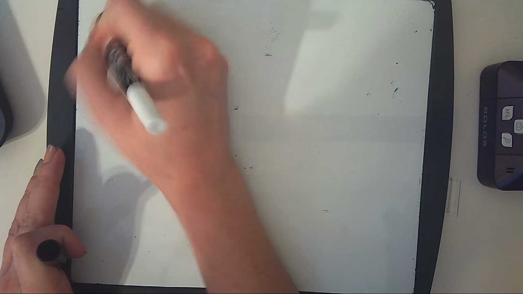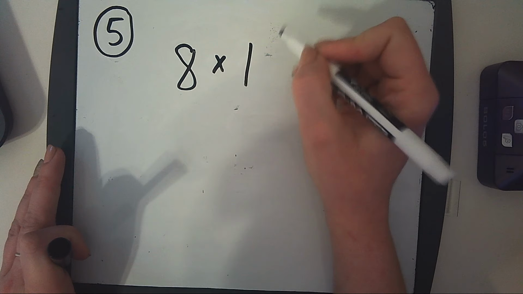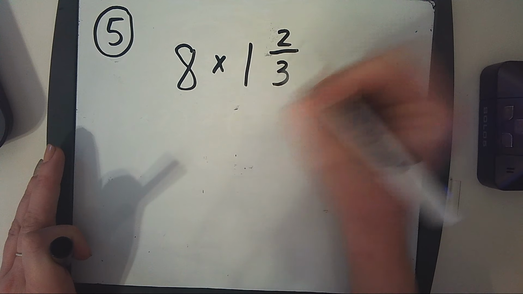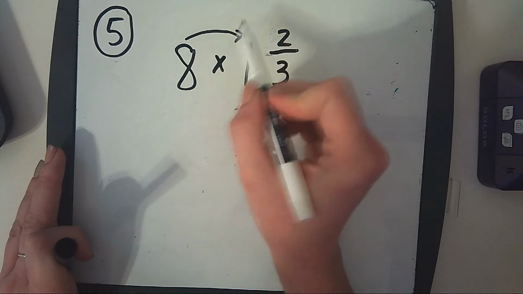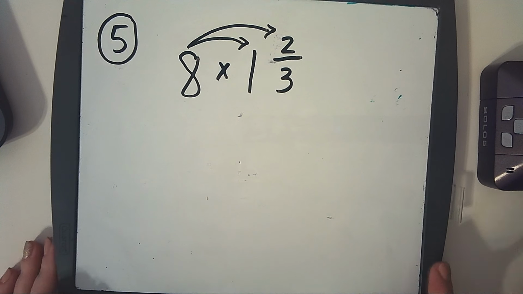Alright, so number 5 is 8 times 1 and 2/3. Well, as soon as I hear anything times 1, I get excited because that's pretty simple. Draw my arrows to represent the distributive property.